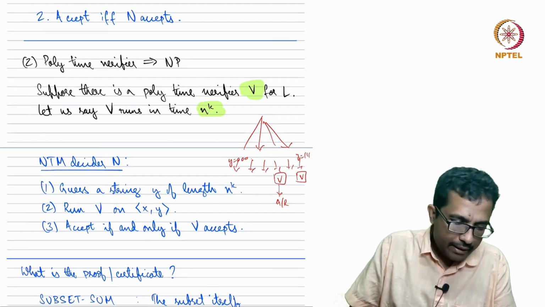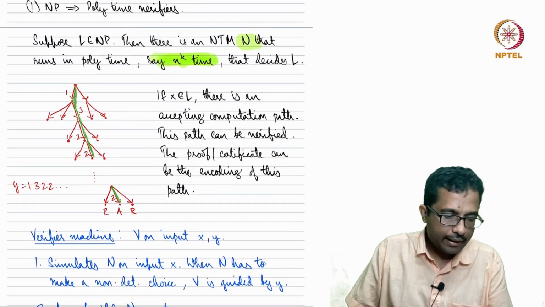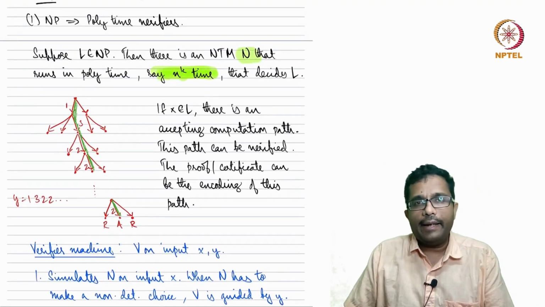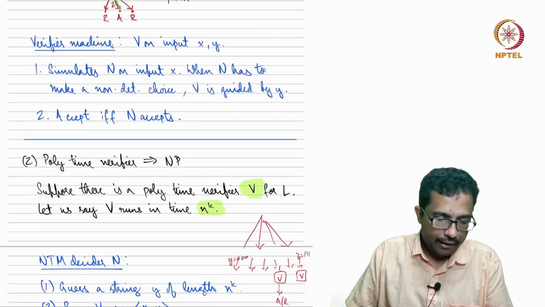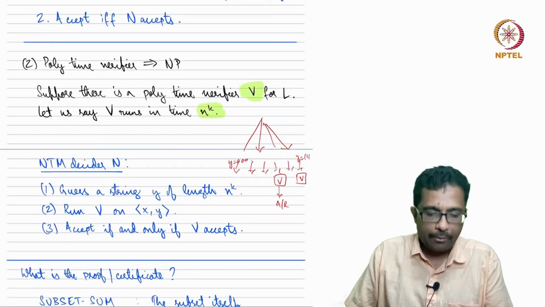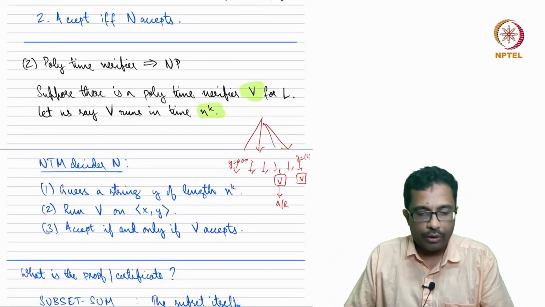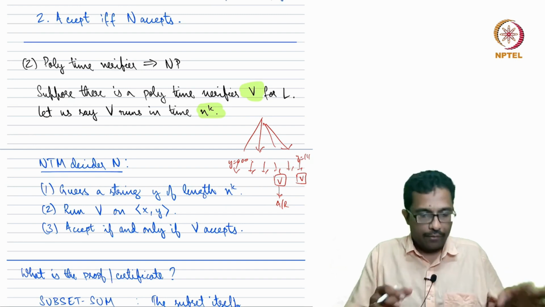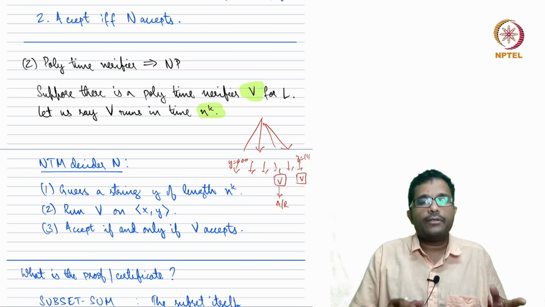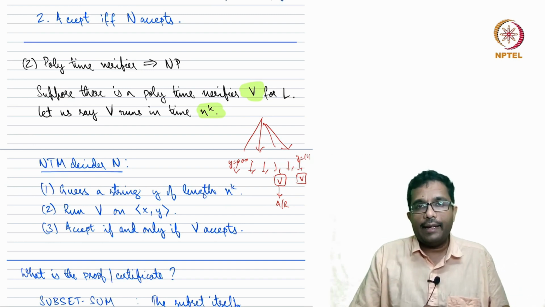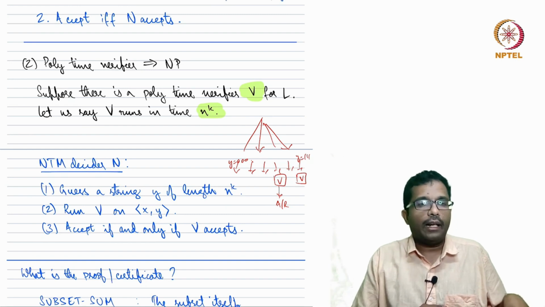So that completes the proof, and we have shown both directions. If L is in NP, then it has a polynomial time verifier, and if L has a polynomial time verifier, then it is in NP. So after the completion of this proof, it gives another characterization for NP. NP is the class of all languages that have polynomial time verifiers.